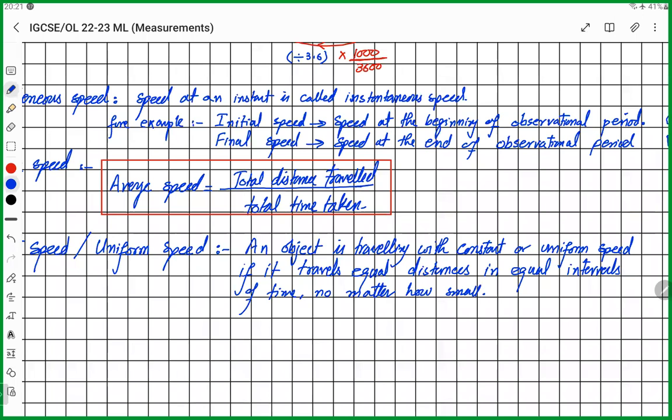An object is said to be moving with a uniform speed if it travels equal distances in equal intervals of time.